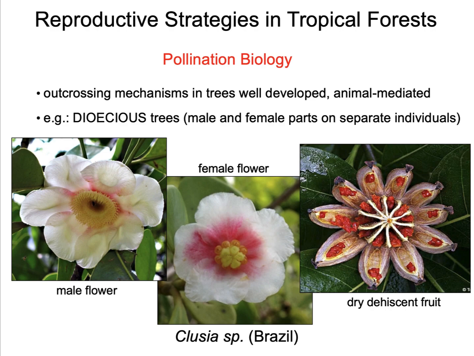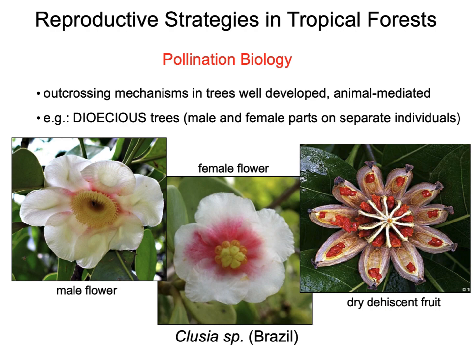In fact, many trees in a tropical forest are actually dioecious, which is one of the most advanced pollination biology and outcrossing mechanisms that there is, because then you have a male tree and a female tree that could be miles apart, and you depend on that animal to move the pollen from one to the female parts of another.